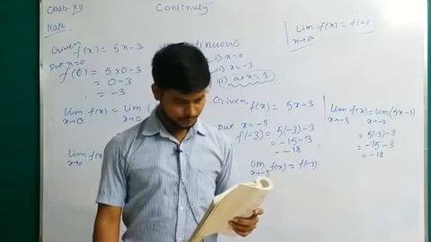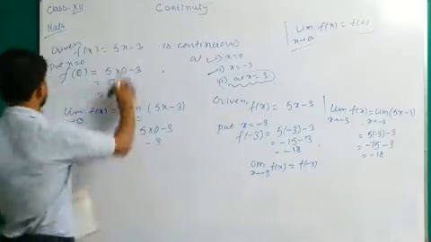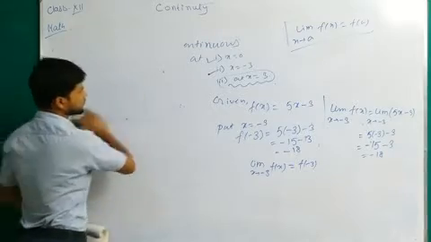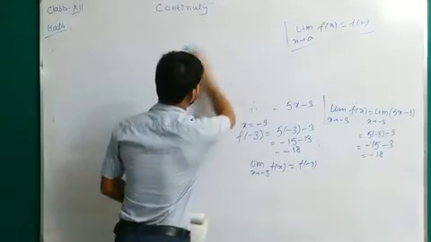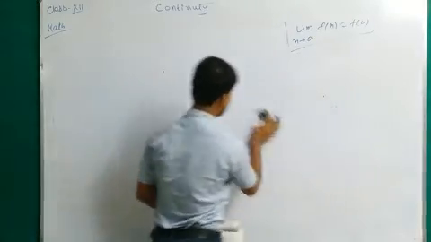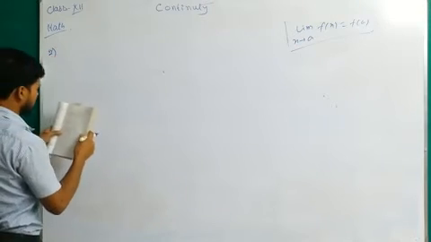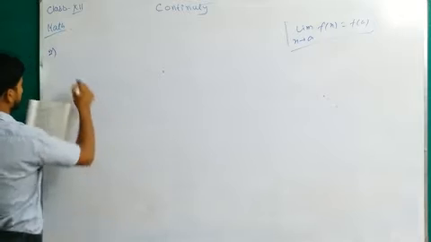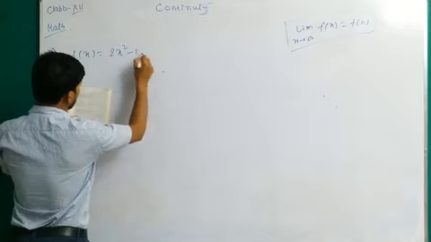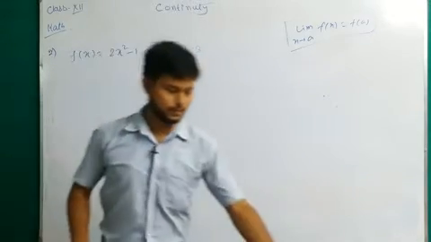Question number 2, the second one. Okay. The second question is, examine the continuity of the function f of x is equal to 2x square minus 1 at x equal to 3.